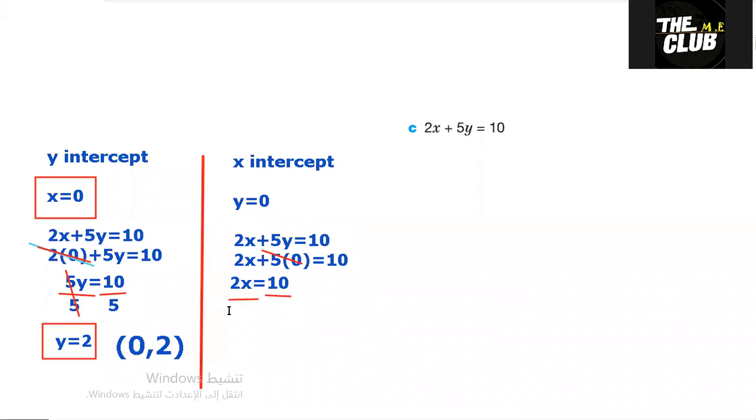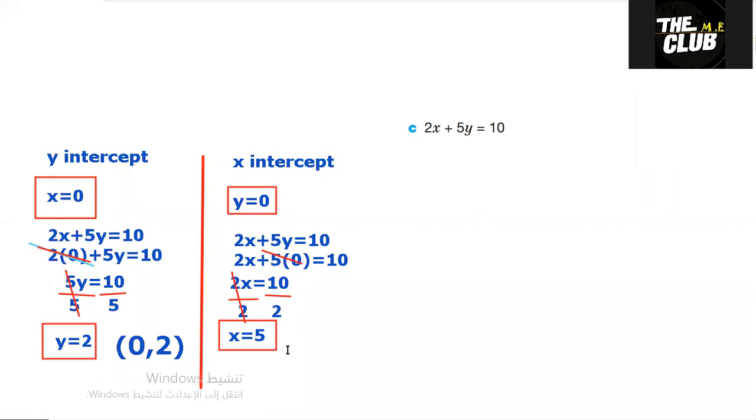So the answer will be, very good. This one will go together. And x equals 10 divided by 2. So x equals 5. Very good. Now I have the x and the y. Put the box on them. Now I can write the coordinates of the x-intercept.